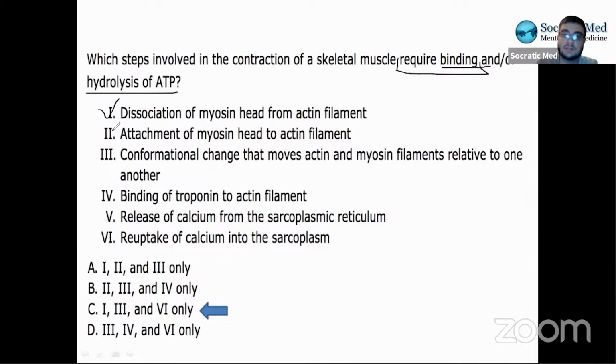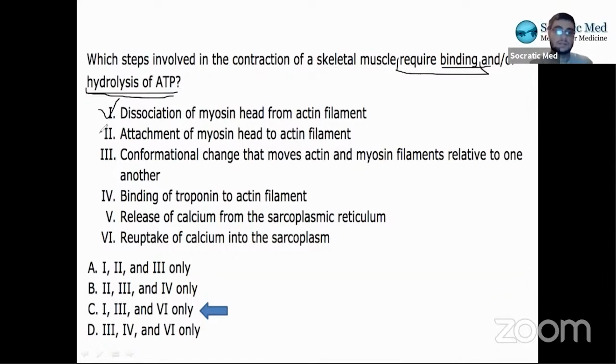Attachment of the myosin head to the actin filament. Again, it is required by hydrolysis, except this time, once ATP binds, it detaches from the head and the head becomes uncharged. Then it has to hydrolyze ATP into ADP and inorganic phosphate to become charged and then bind again.